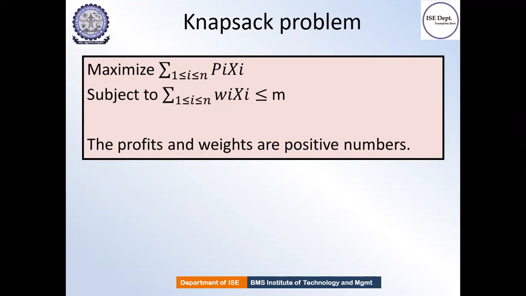In the previous one, during the greedy method, we saw a knapsack problem where the items or objects are divisible. We were considering, for example, vegetables, so you can divide it, either half kg or full 1 kg. But now we are considering objects which are not divisible.